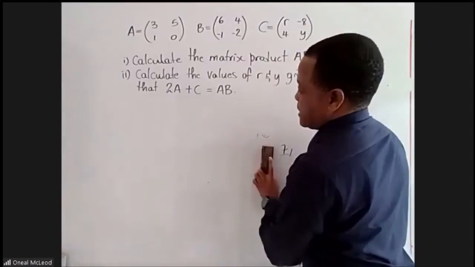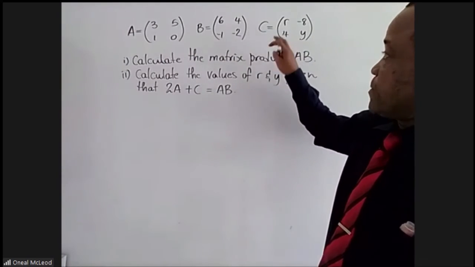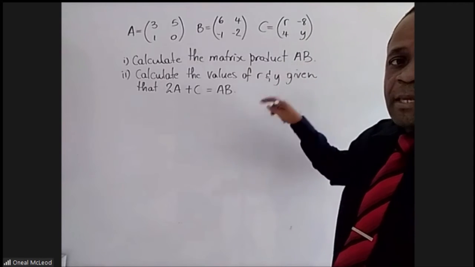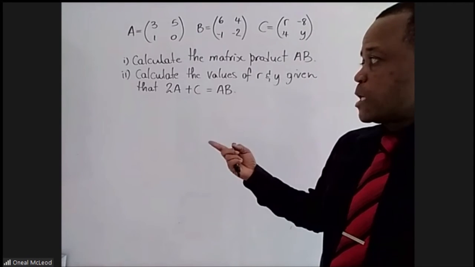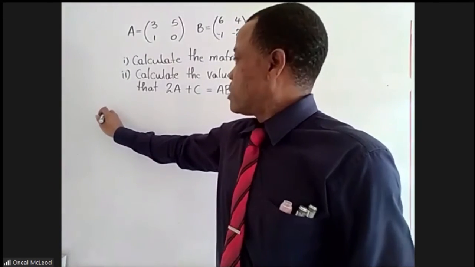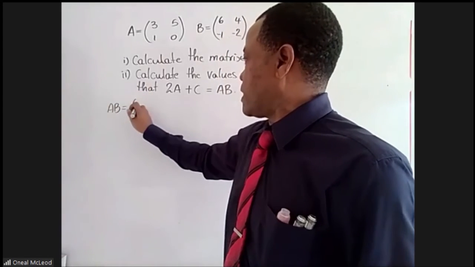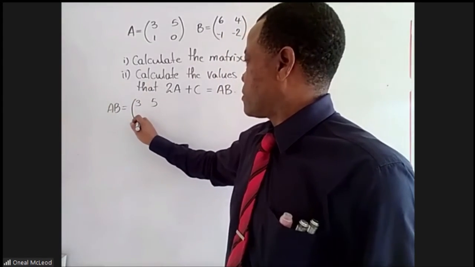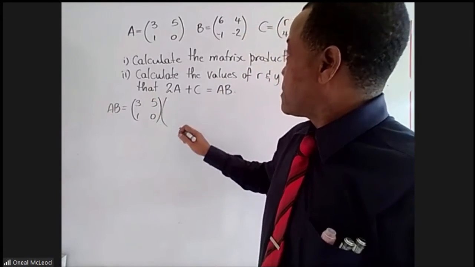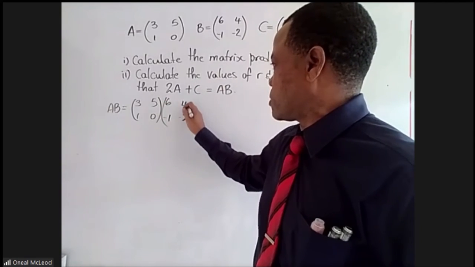Now, let's look at the question at hand. All right. So we have A, B, and C. Now they ask you to find AB. Notice AB is your general multiplication. That should not be a problem. We already know how to do that. So let's work that out. So AB is equal to, we start with A, which is 3, 5, 1, and 0, times B, which is 6, 4, -1, and -2.